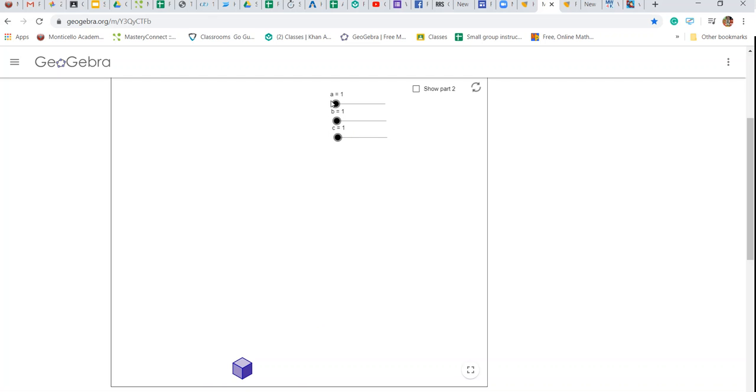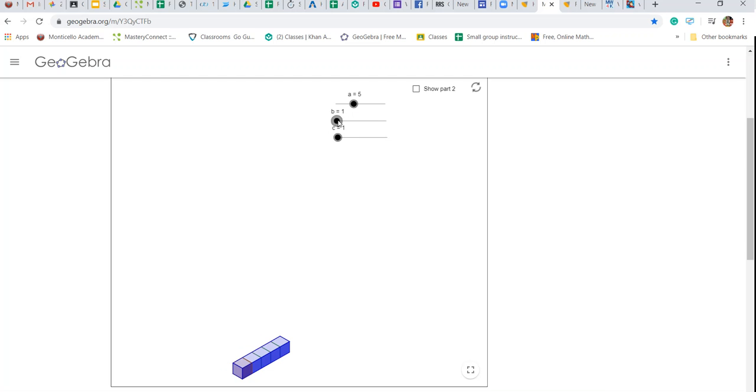So the directions are on Google Classroom, but I want to just quickly show you. A is going to be my length. Let's make it 5. My length is 5. B is my width.